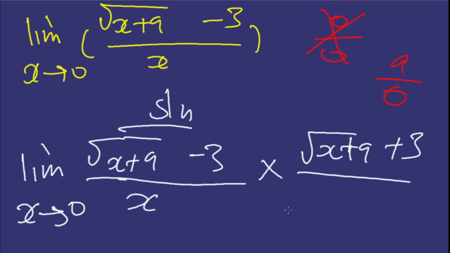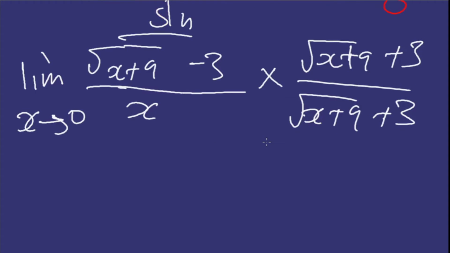You do that up and down because you don't want to change the value of the expression. For example, this is equal to 1, you can cancel this, so that means you have done nothing. That's how we use conjugate surds here.